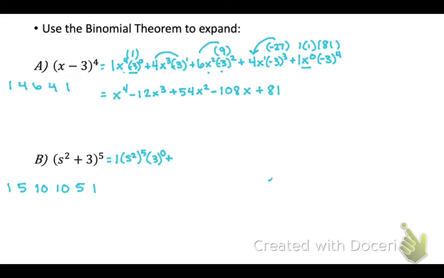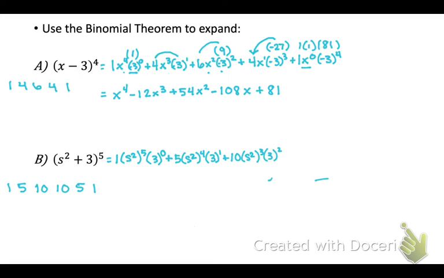Plus 5 times s squared to the what? 4th, times 3 to the 1st. Plus 10 s squared to the 3rd times 3 to the 2nd.